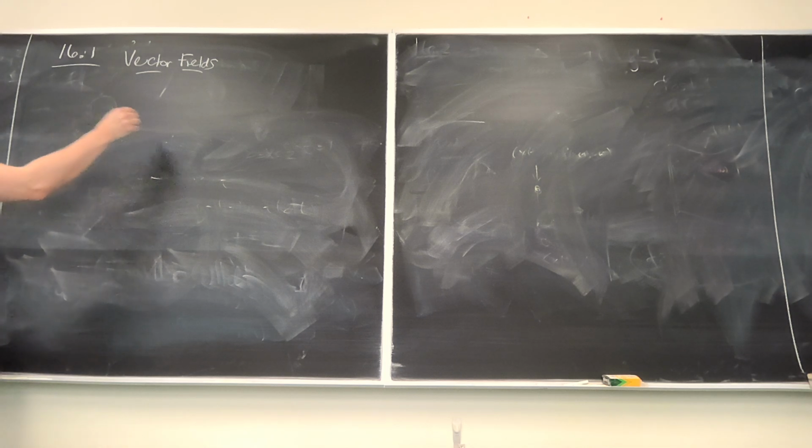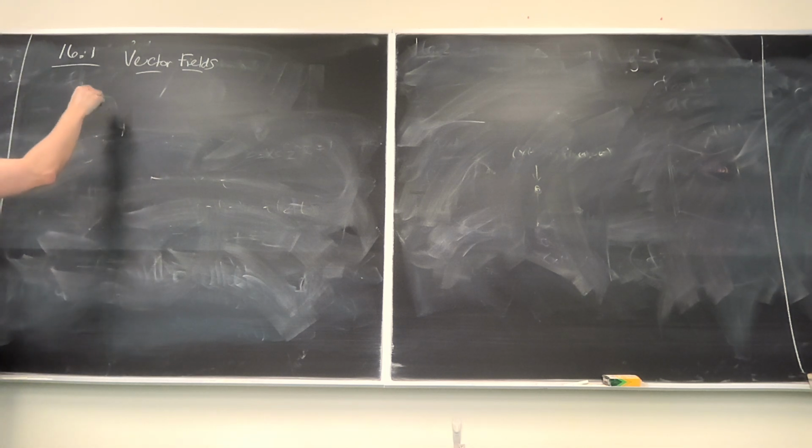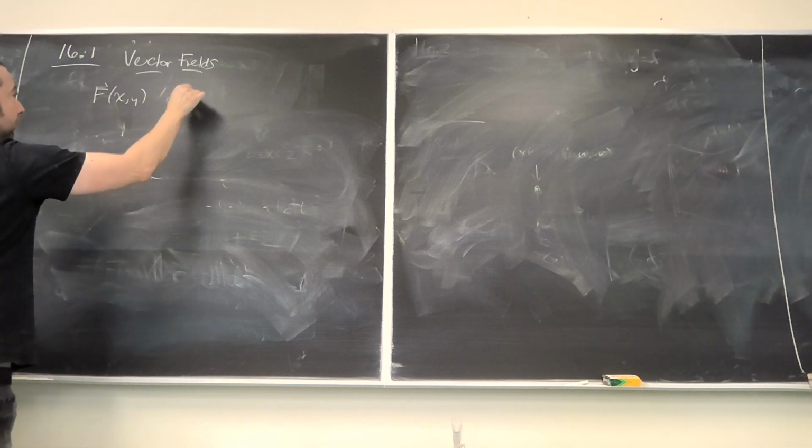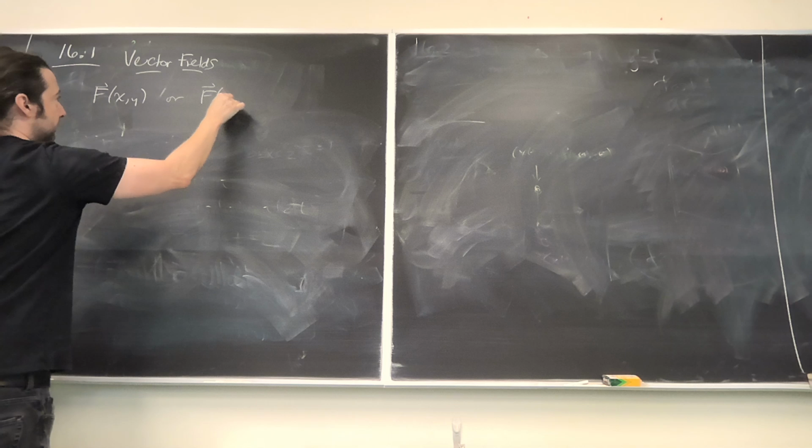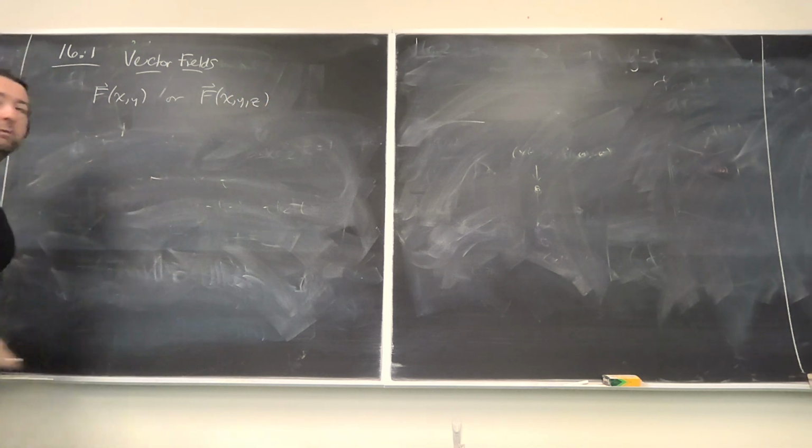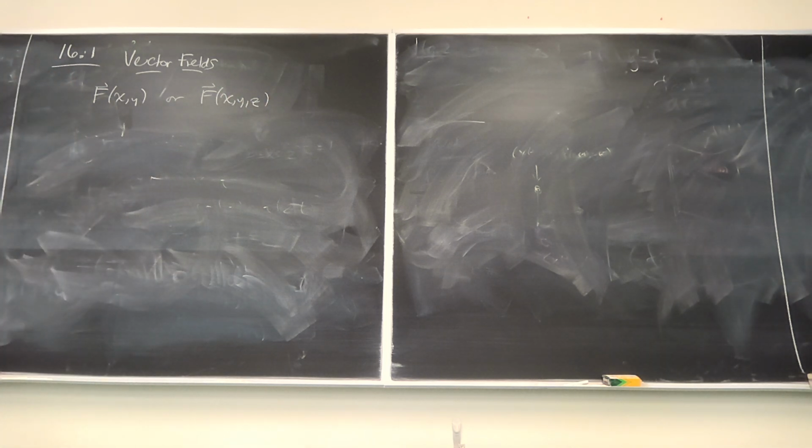So vector fields, I said last time, are just functions. So you can think of a vector field as a function F of x and y, or it might be a function of three variables, x, y, and z. And what that function does is it eats a point and spits out a vector. So you can think about it as attaching to every point in the plane a vector.